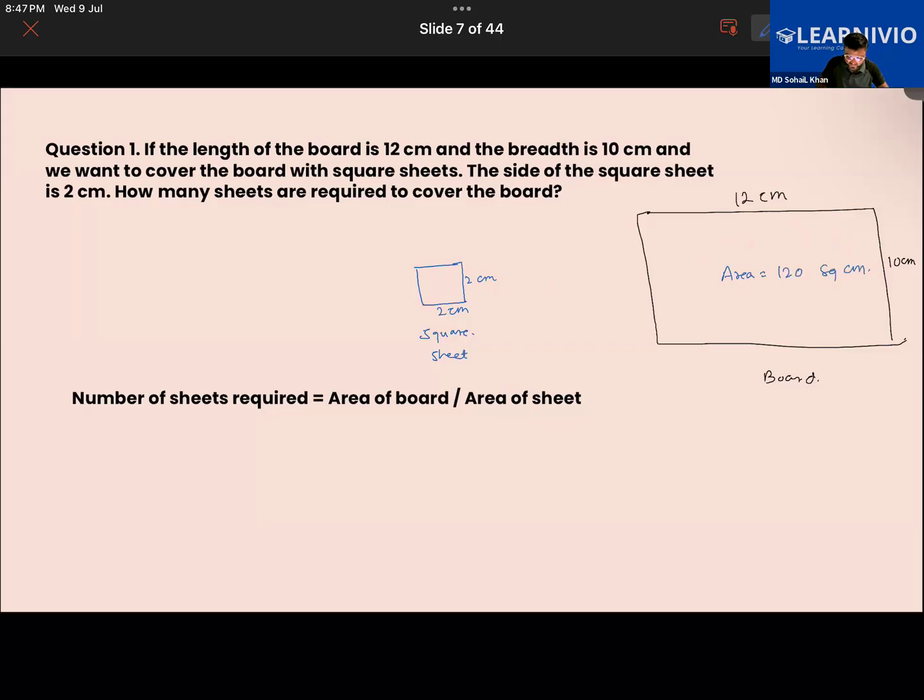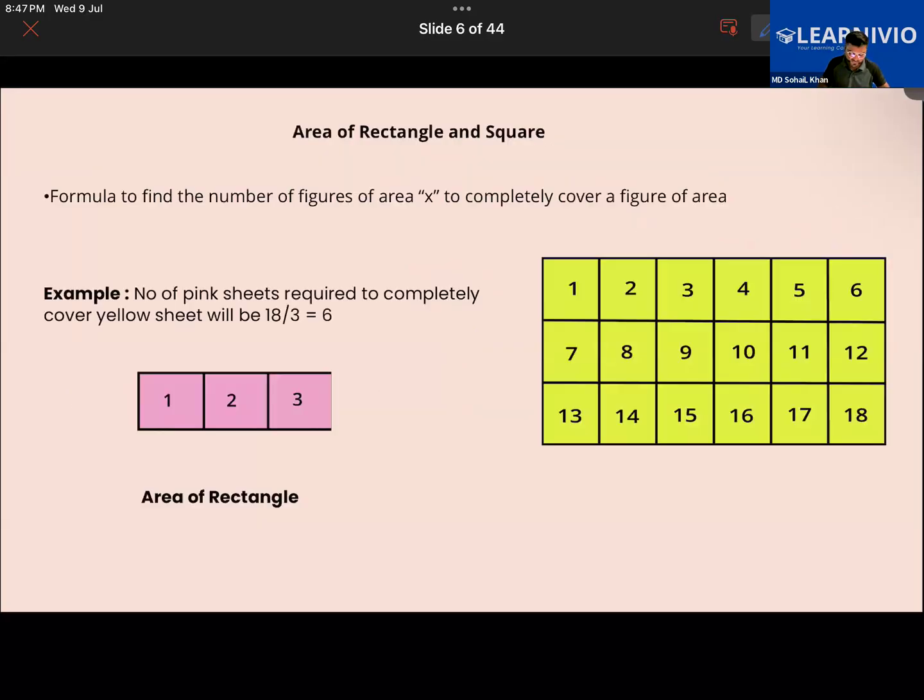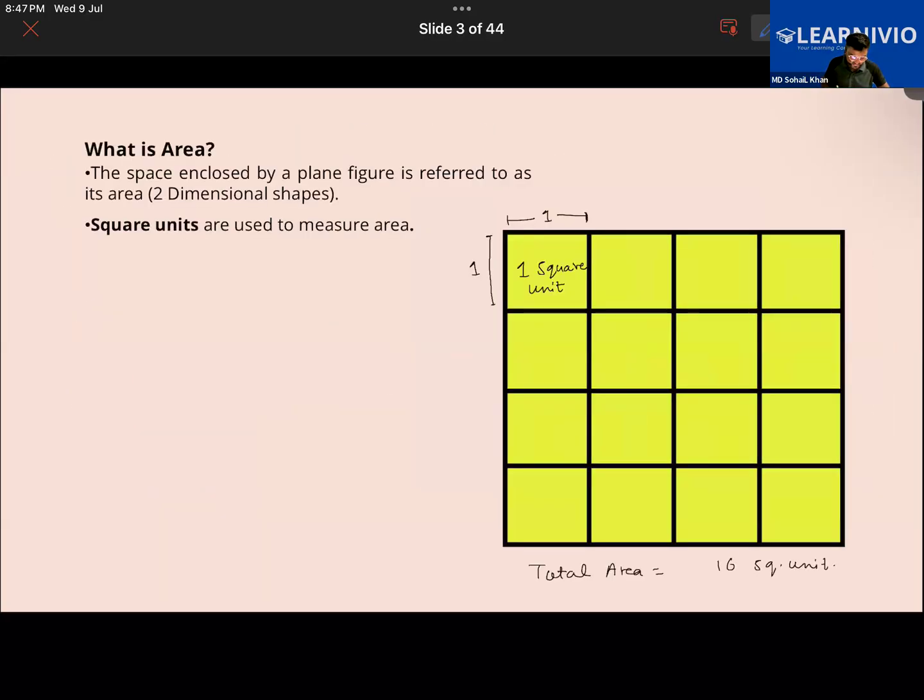Keep this in mind: whenever we calculate the area, the unit of area is square units. This unit could be centimeter, meter, kilometer, etc., so it's a square centimeter, square meter, square kilometer, etc.